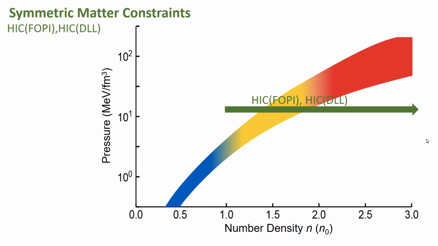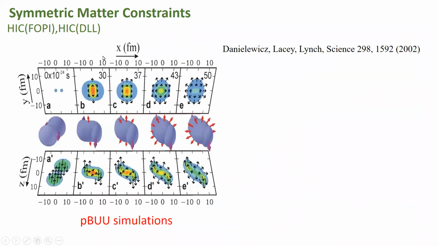But actually, there has been work in the past trying to extract constraints beyond rho zero using heavy-ion collisions. As a matter of fact, there is the famous work by Danielewicz, Lacey, and Lynch in the Science article, where they use heavy-ion collisions that compress the region. When they compress the region, there is pressure. They can measure the pressure experimentally by looking at the flow.